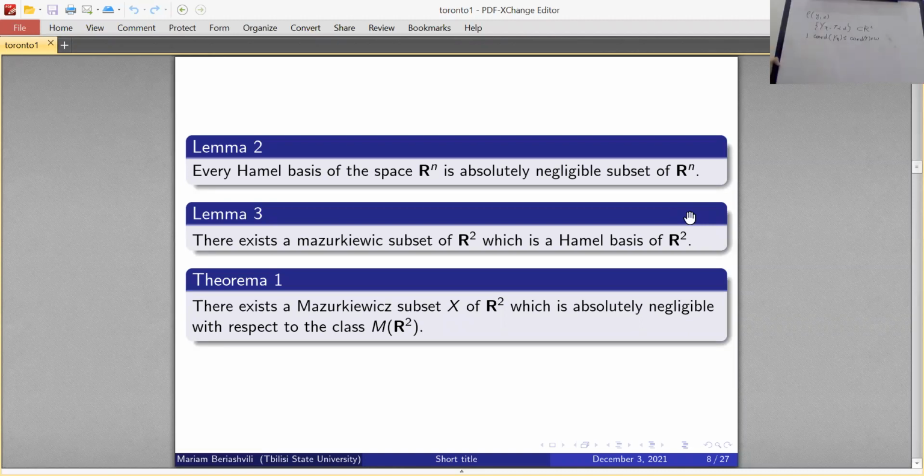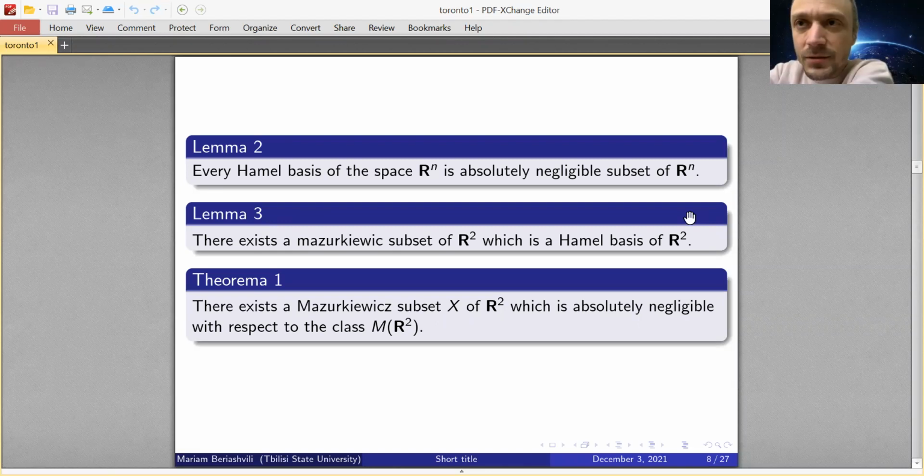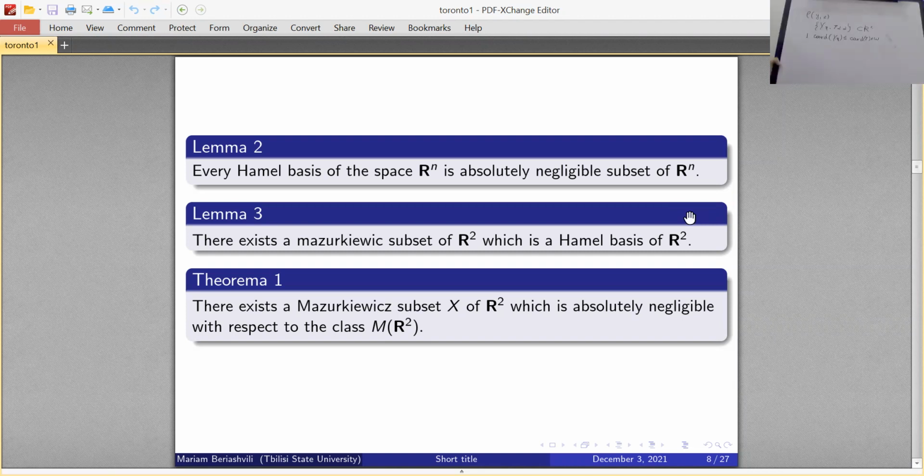We have an alpha sequence of sets, subsets of the plane, and I need some conditions, which I will now say. Oh, I'm sorry. Okay, yeah.